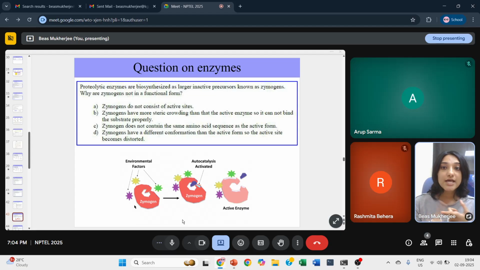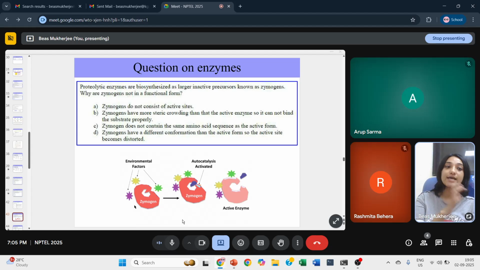Zymogens do not consist of active sites. Zymogens have more steric crowding than the active enzyme, so they cannot bind to the substrate properly. Zymogens do not contain the same amino acid sequences as the active form. Zymogens have a different conformation than the active form, so the active site becomes distorted.